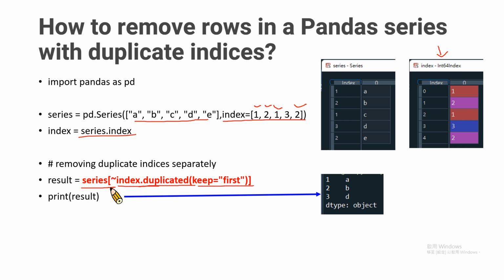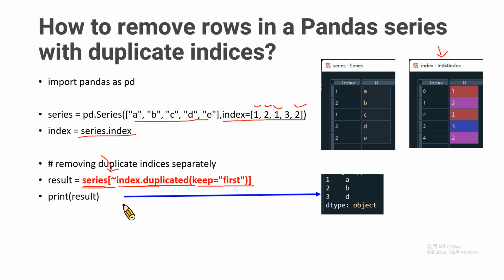And we use a slicing technique to get part of the series. Because we use the Boolean index as the index for the new series, after the slicing of the series, only the index marked true are filtered out.